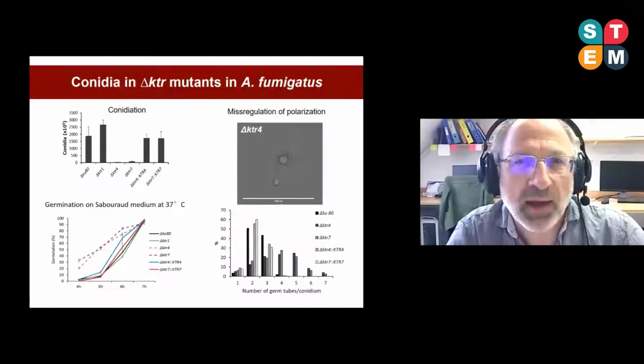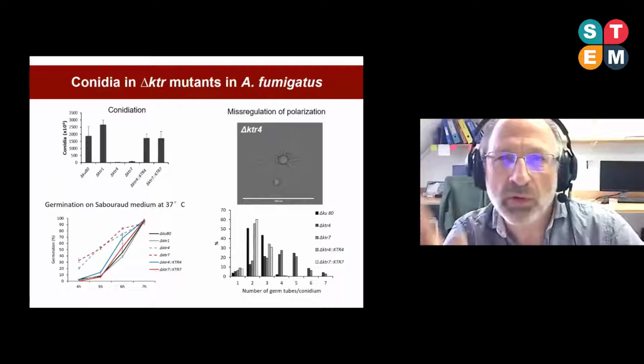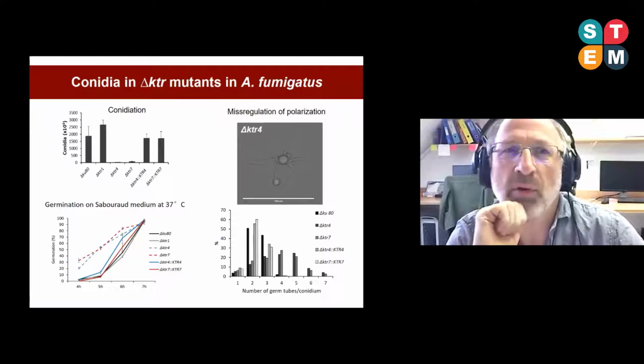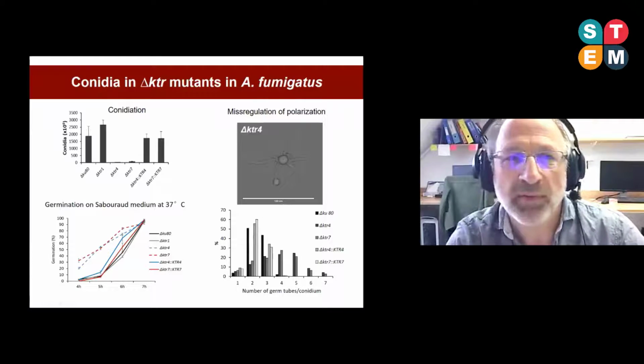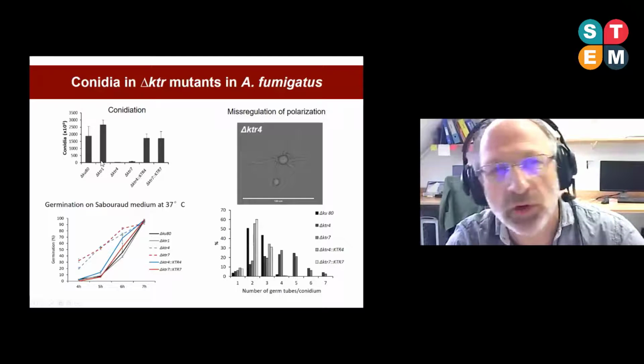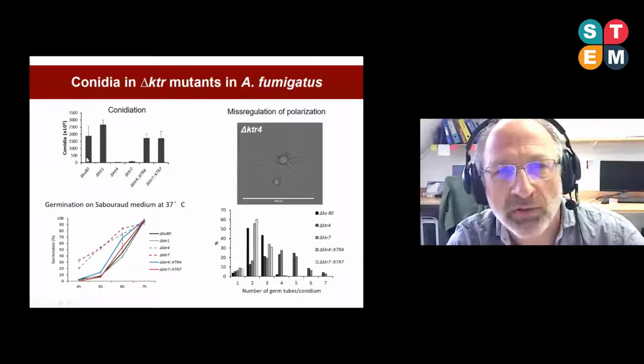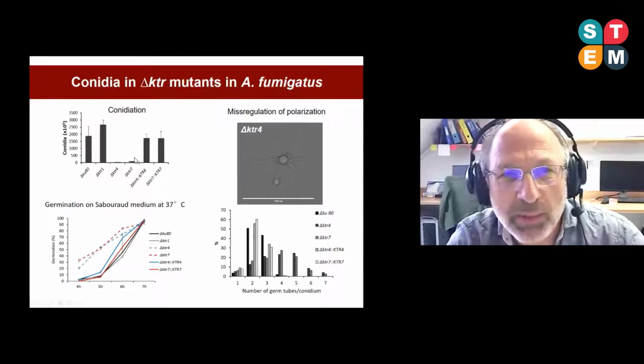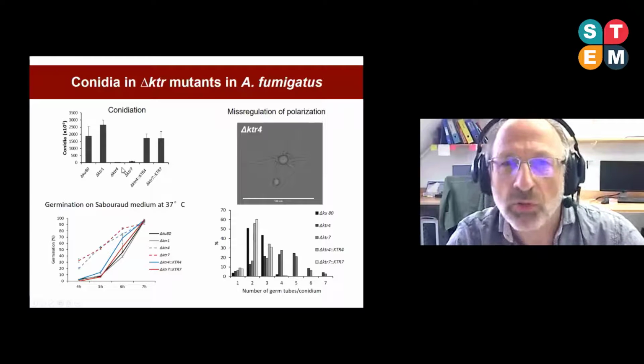mannosyltransferase. And we looked also at the phenotype on the conidia, and we observe that these 2 mutants have a strong defect in the production of conidia in comparison to the parental strain. And the remaining conidia here also show some phenotype.